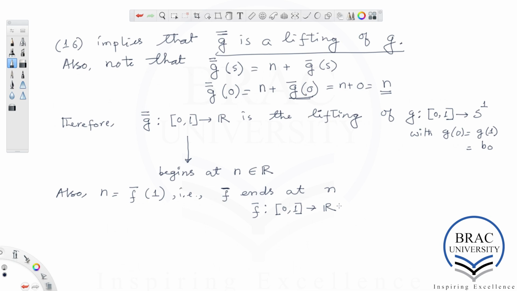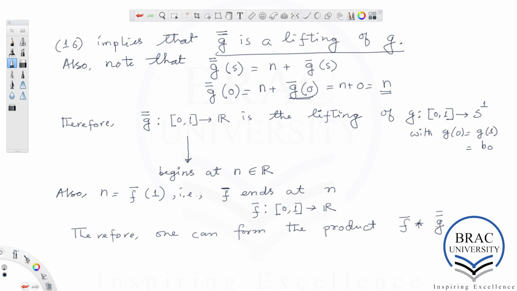Okay. Therefore, one can form the product, the concatenation of paths, given by F bar star G double bar.